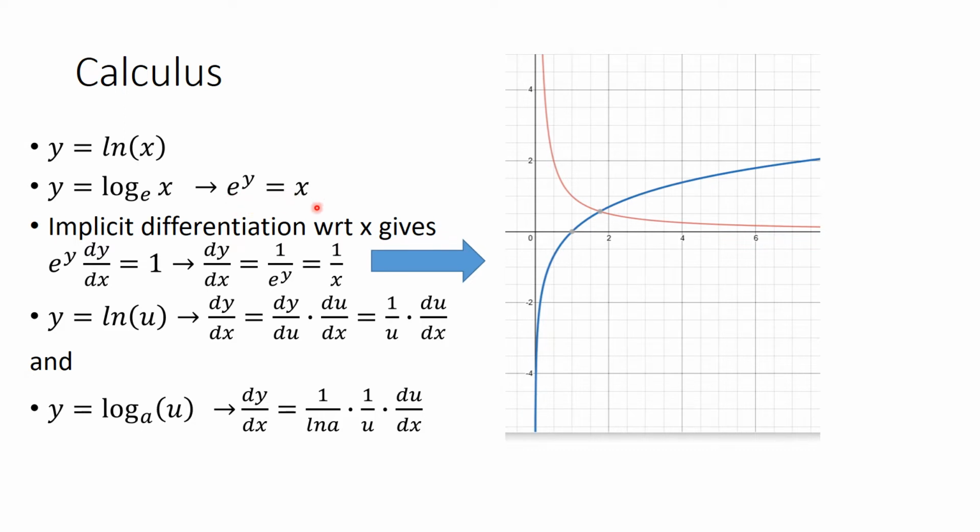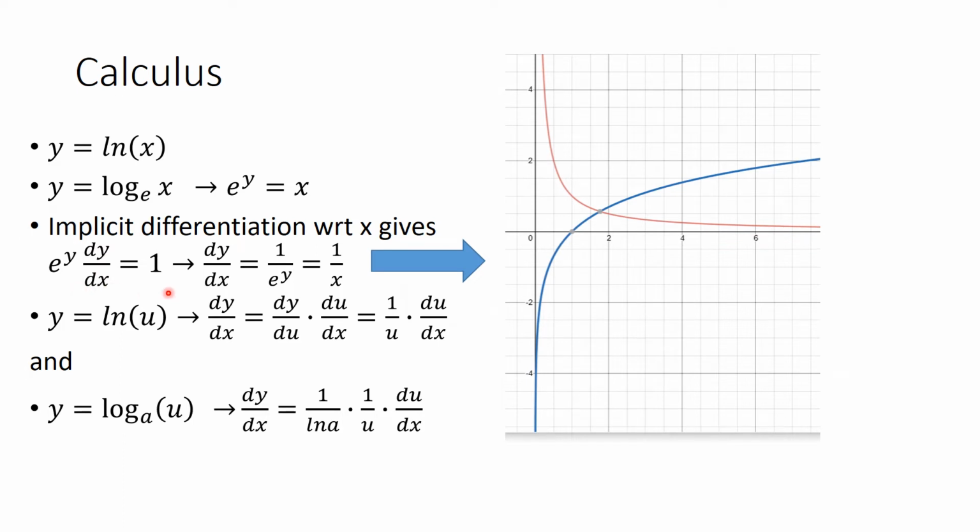This is the expression we can use implicit differentiation on, because y is indeed a function of x, and we can use the chain rule. So we use implicit differentiation on both sides. This side is quite simple: the derivative with respect to x of x is 1. The derivative of this side by the chain rule is e to the y times dy dx.